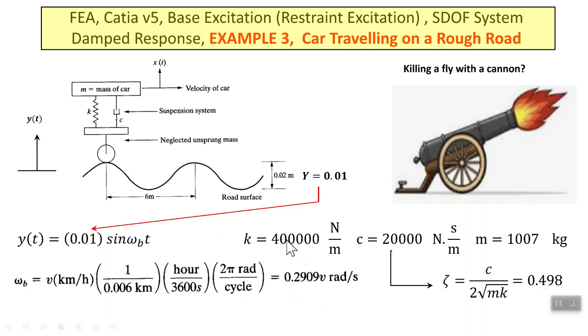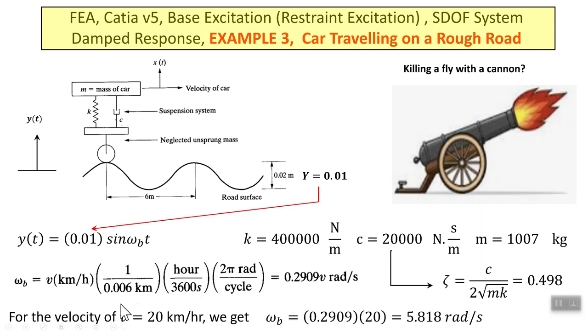Now, the following parameters are going to be used here, and C is given directly, so I have to find the damping ratio, which is right here, 0.498. And if I use the data that the car is traveling at 20 kilometers per hour, you're going to get omega b equal to 5.818 radians per second.